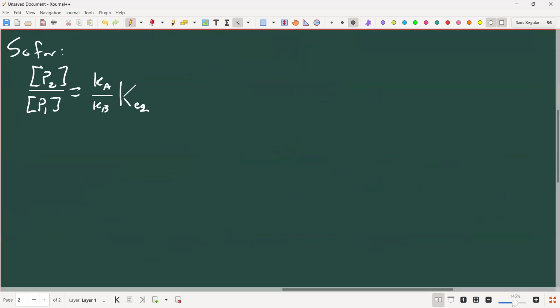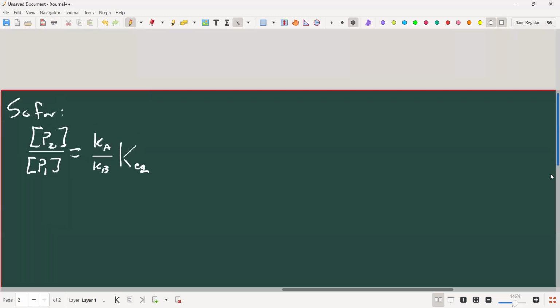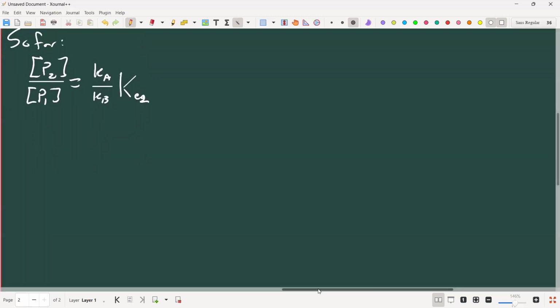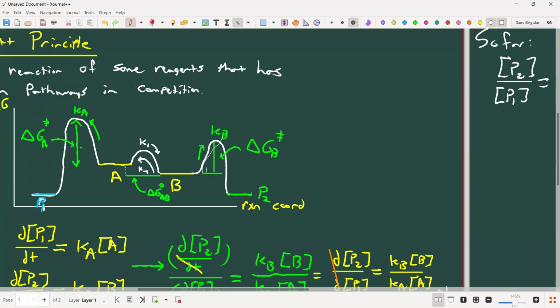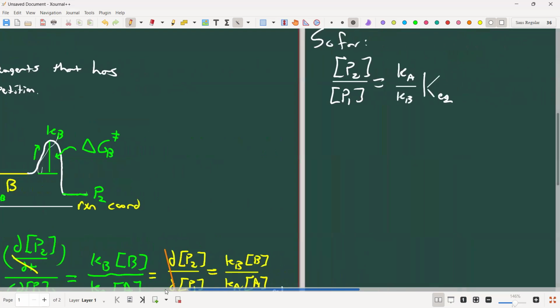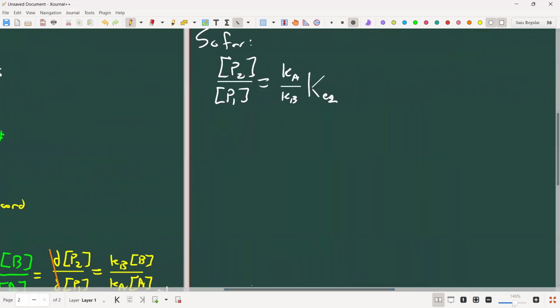Now, there is a good reason why I wrote down earlier these energy differences. I have energy differences between A and B, and then also have the activation barriers for each reaction. Right, so I can write my product ratio in terms of these barrier heights. Right?